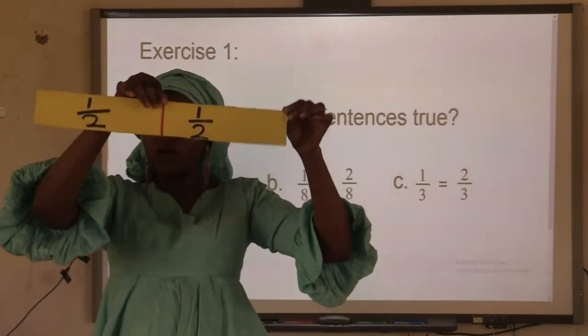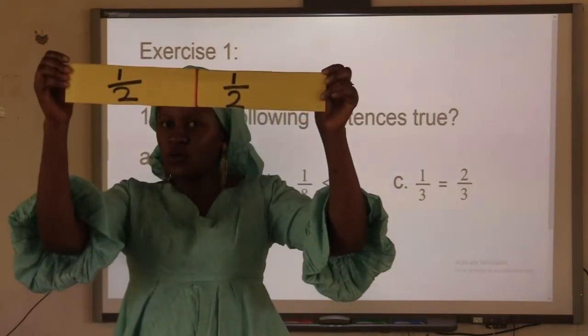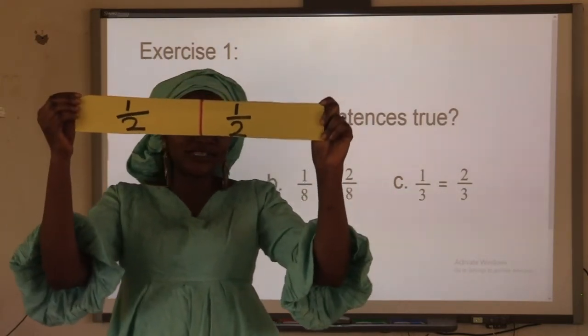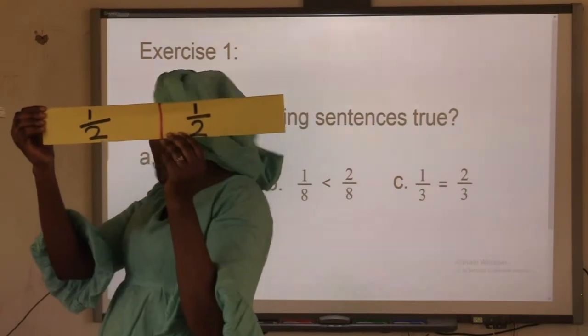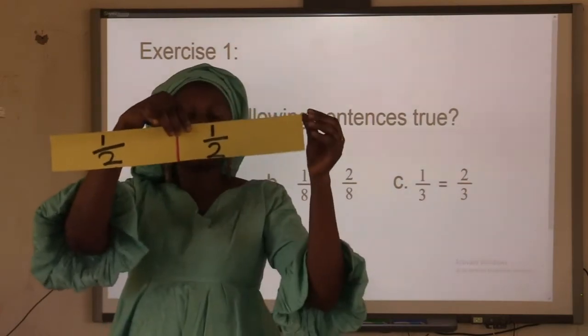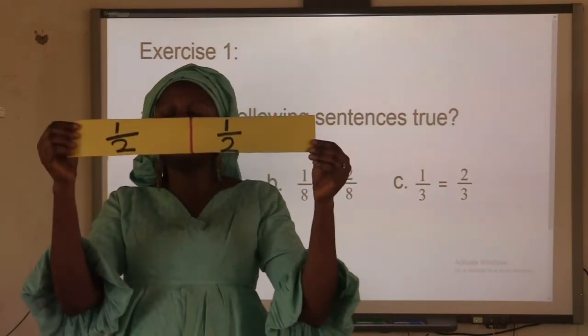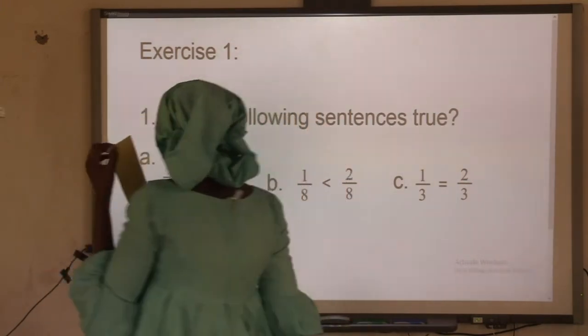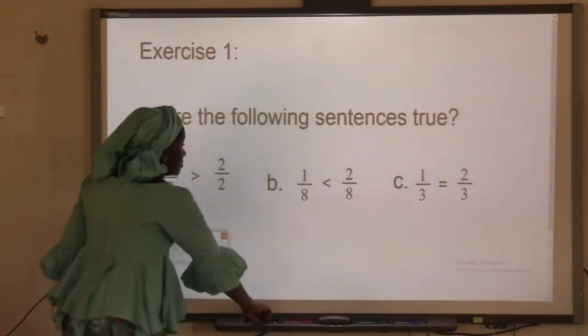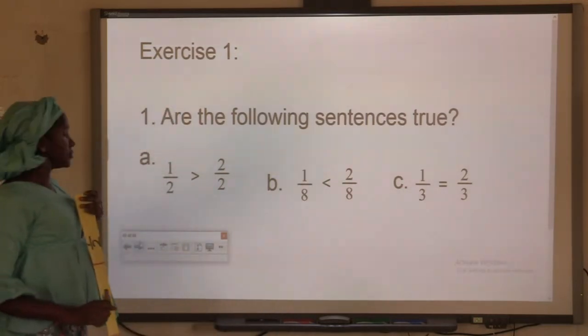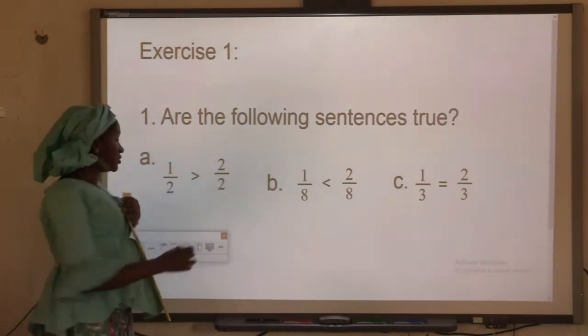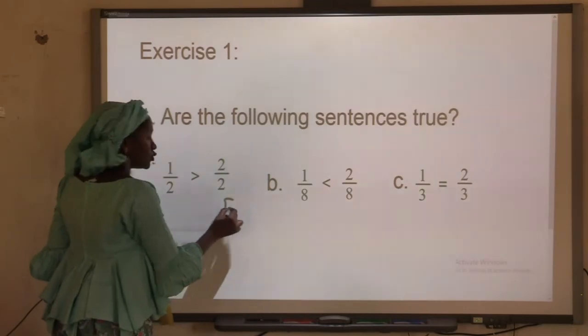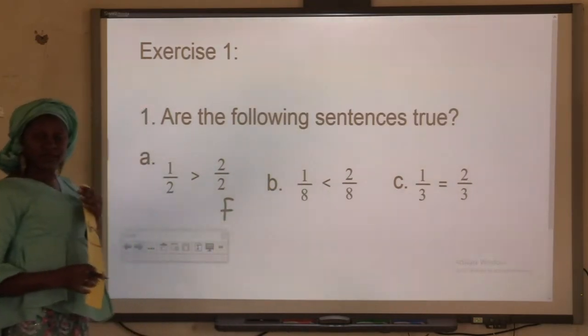When we are here, we are at 2 over 2, which is a whole. So the question is telling you half is greater than 2 over 2, which is a whole. Is it true? It is not. It is false. A is false.